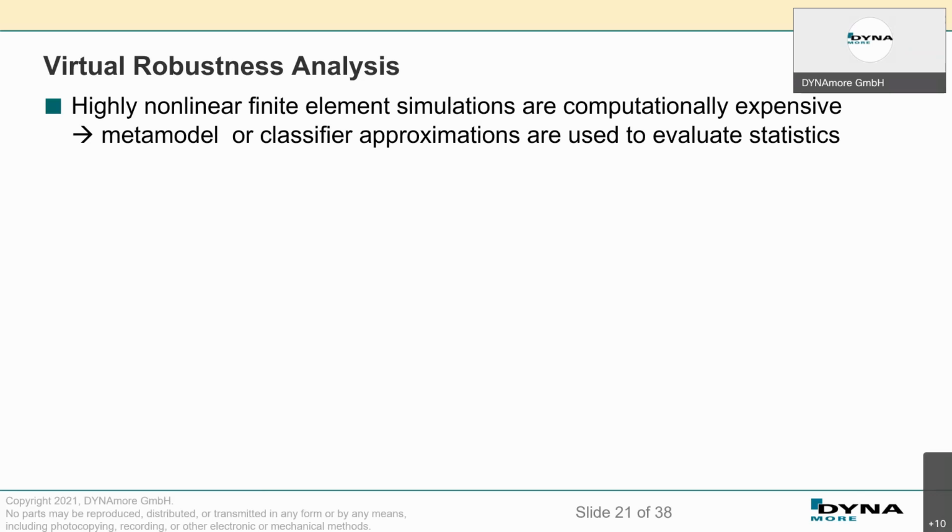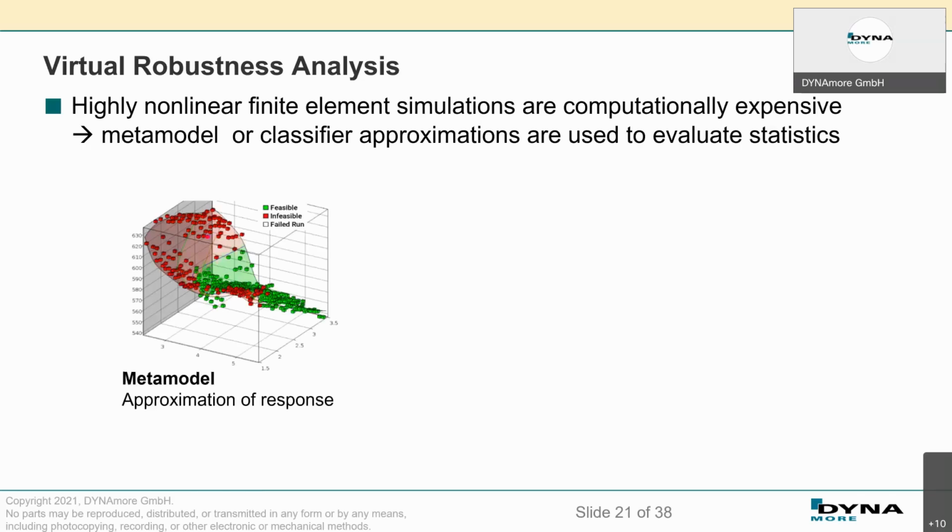We have two options for approximations available in LS-OPT. The classical approach is metamodel approximations, which are also used quite often for optimization of highly nonlinear problems. And we also have an option to use classifiers as an approximation.